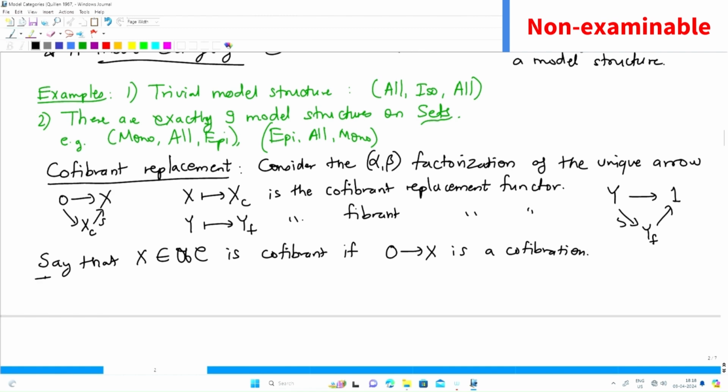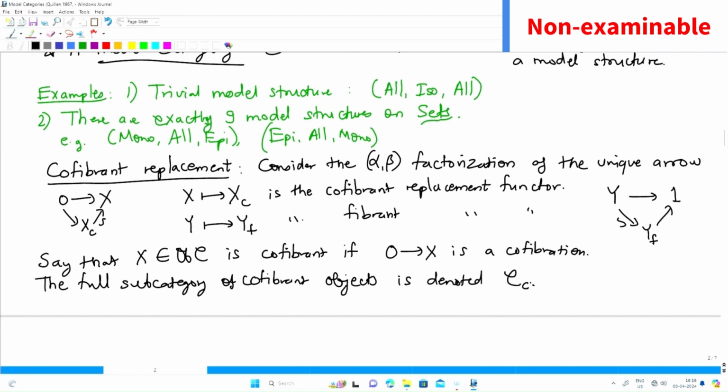The full subcategory of cofibrant objects is denoted Cc.